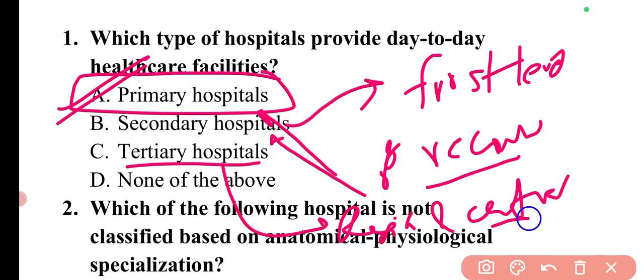At regional and central level, for example, there can be several teaching hospitals, like MBBS hospitals, various hospitals where teaching is also there, and side by side the hospital is running. For example, several cancer hospitals, there are several super specialized hospitals, mental disease hospitals. So all these types of hospitals come under tertiary hospitals.